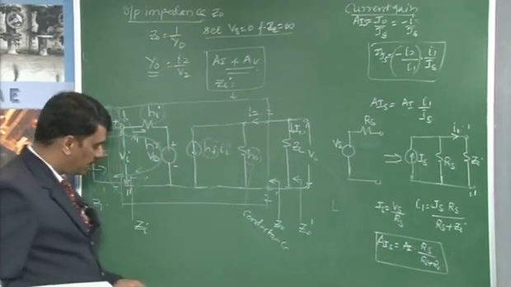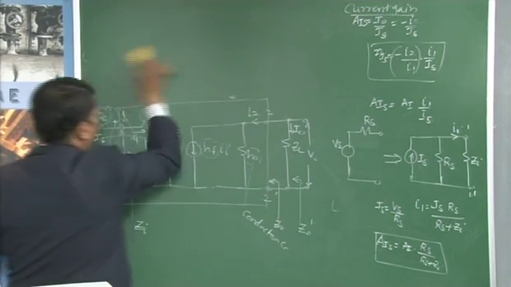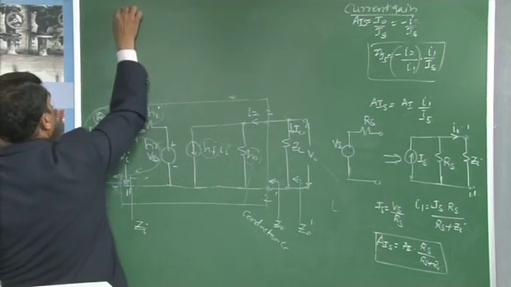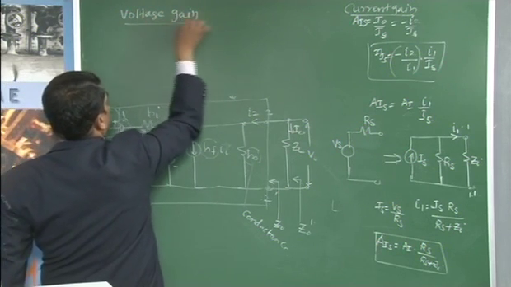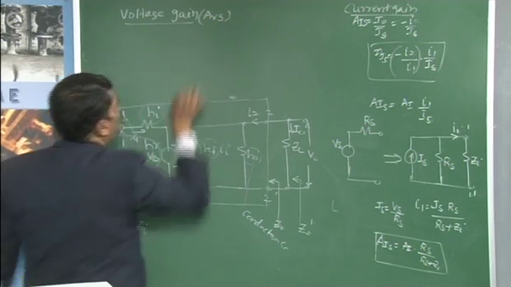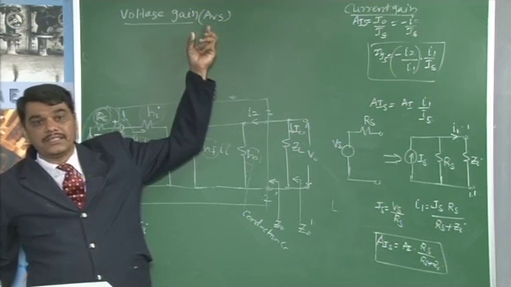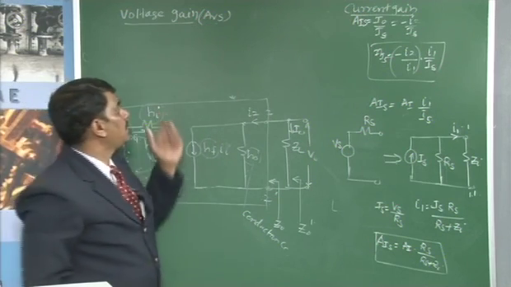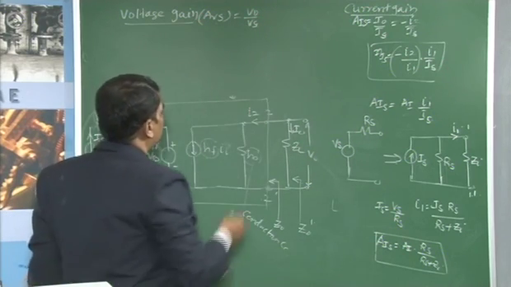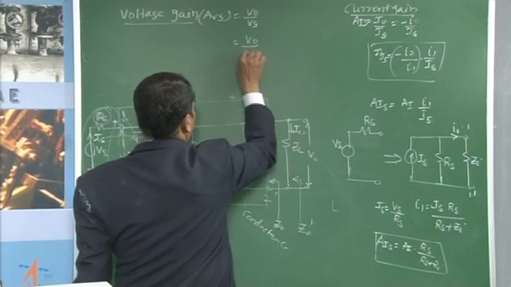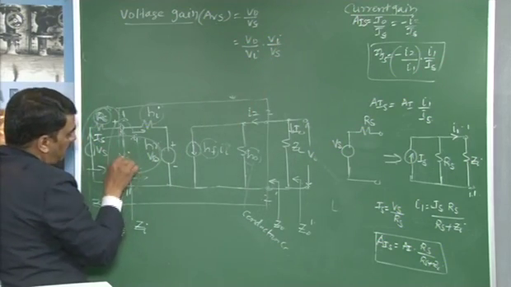And similarly for the voltage gain AVS, where the voltage gain AVS is defined as the ratio of the output voltage V0 and Vs. For this circuit, this is given by V0 by Vs. Once again, already we know that this can be defined as V0 by Vi and Vi by Vs, because there is an input voltage between them.